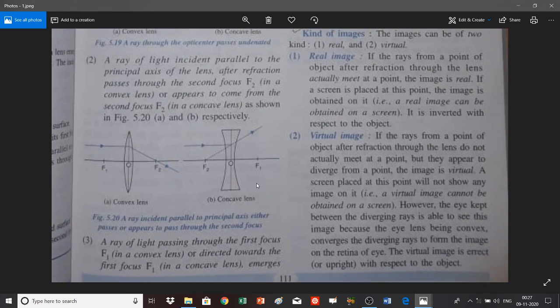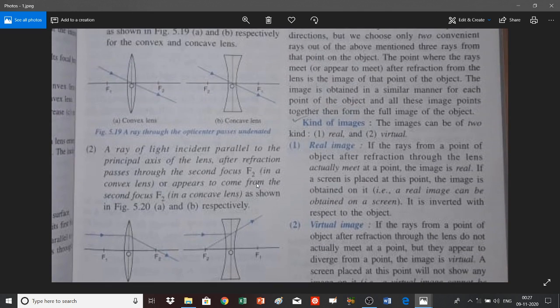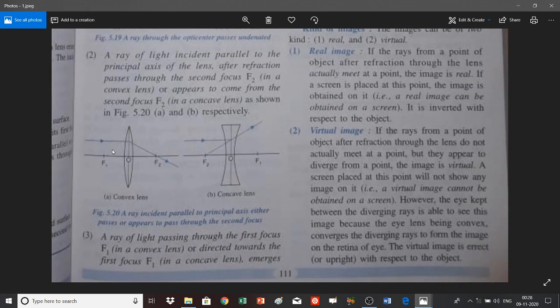So this is the second ray convention. The first one is that a ray of light passing through the optical center passes undeviated and does not bend in any direction. In the second case, if you consider a ray parallel to the principal axis, then it will pass through the second principal focus point, according to this sign convention.